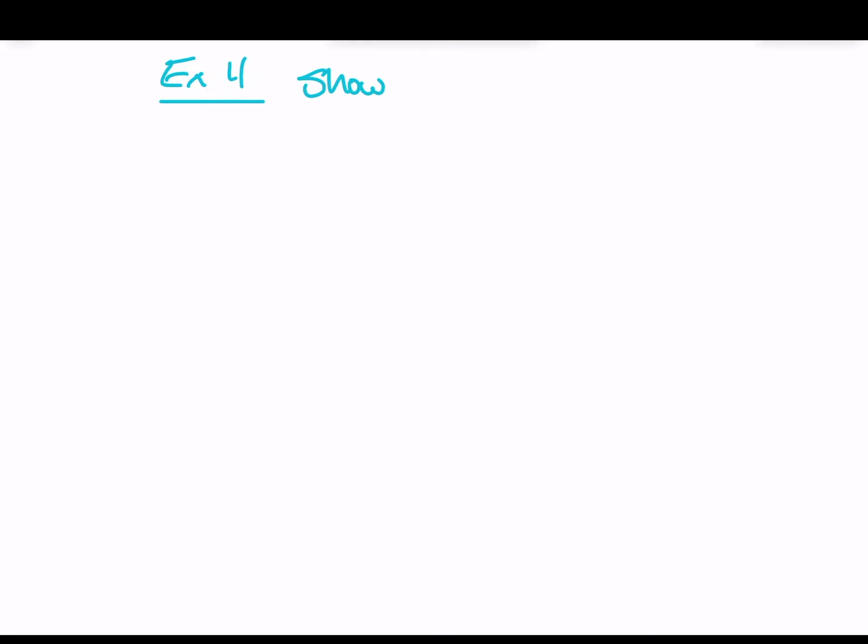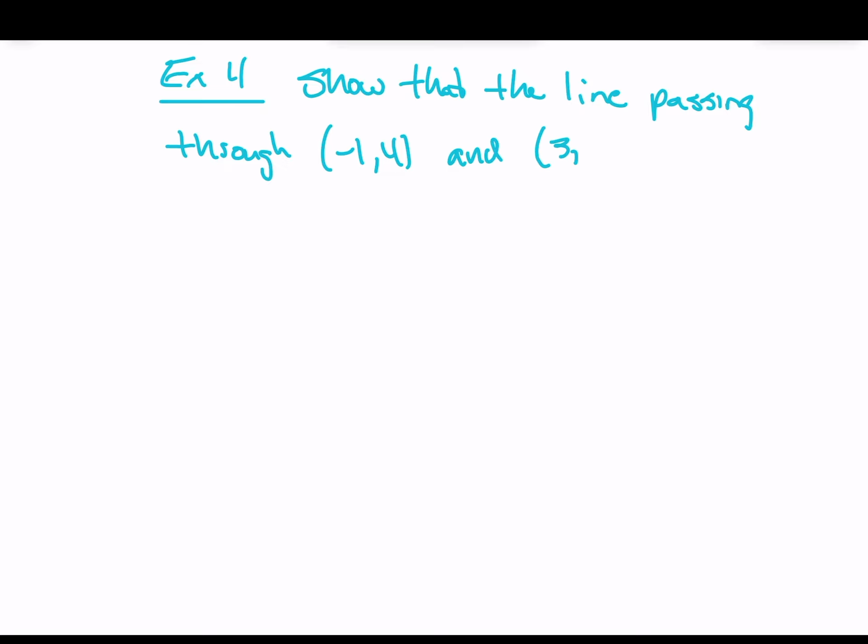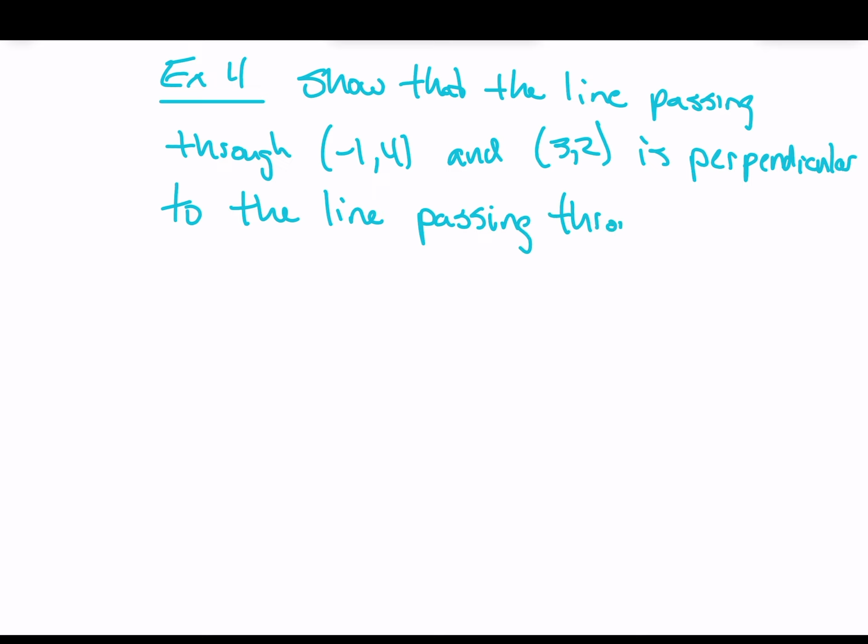Example 4. Show that the line passing through (-1, 4) and (3, 2) is perpendicular to the line passing through (-2, -1) and (2, 7).